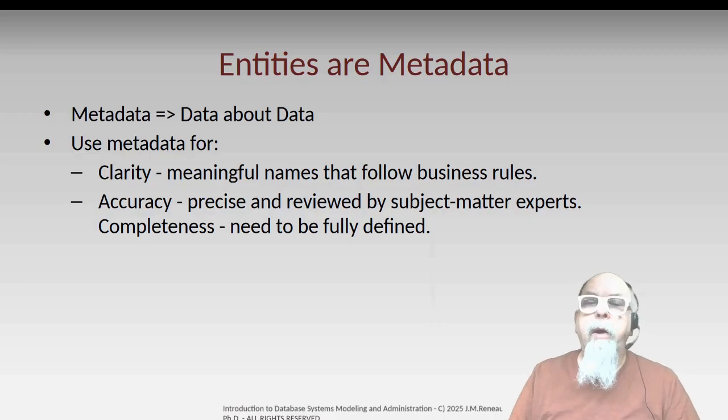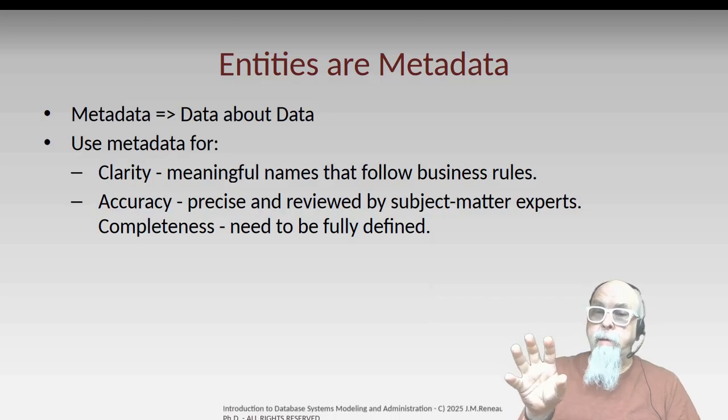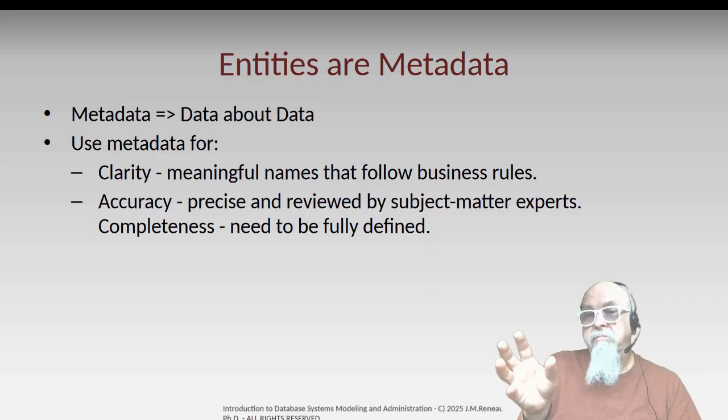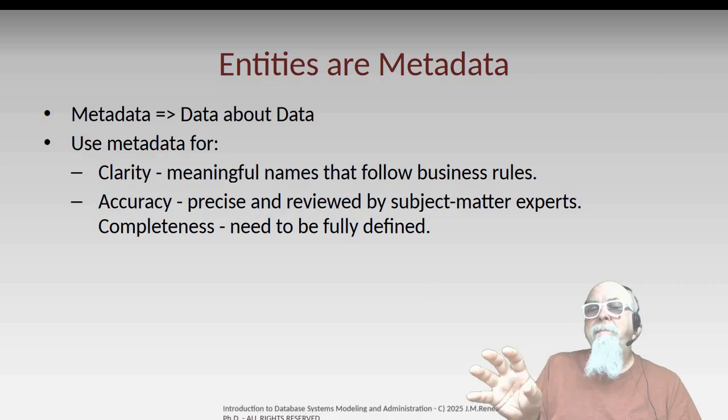There's one last term I want to cover in this chapter, and that is the idea of metadata. Metadata is defined as data about data. So when we're creating these entity shapes, these represent data, the shape, the name, but they represent something else. It's data about data.